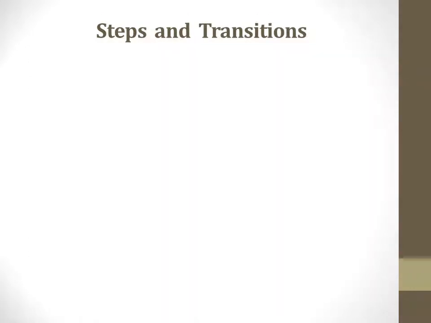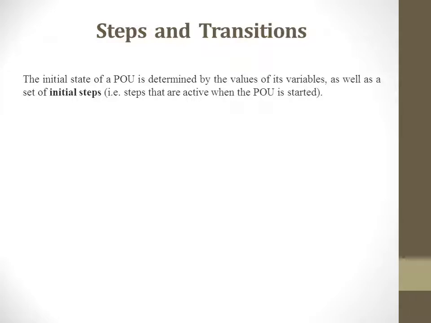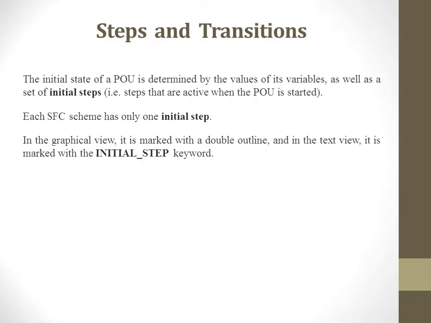The initial state of our unit is determined by the values of its variables, as well as a set of initial steps. These are steps that are active when the programming unit is started. Each SFC schema has only one initial step.